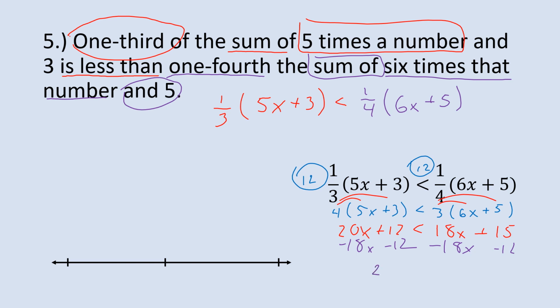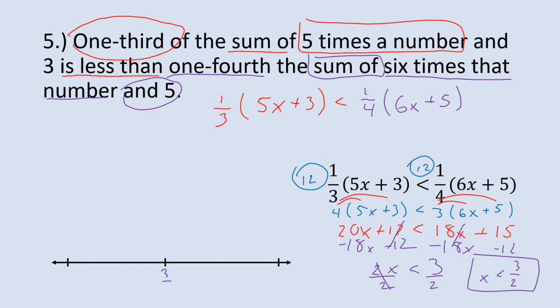All right, so we have 2x is less than 3, and looks like we're going to get a fraction here. So x is less than 3 over 2. Fraction as an answer, that's okay. That happens sometimes. Whoops, I can't write on the bottom there, but that's a 3 over 2.